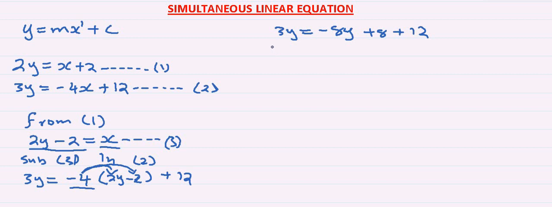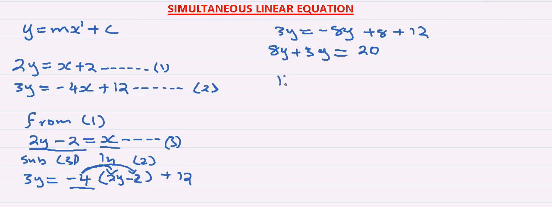Then it becomes positive 8y plus 3y will be equal to 8 plus 12, which is 20. 8 plus 3, because of the like terms, is 11.